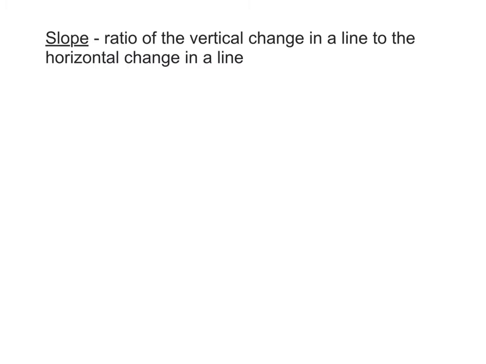You will often see slope defined in more everyday terms as rise over run. From a mathematical standpoint, a simpler definition many times is change in y over the change in x.